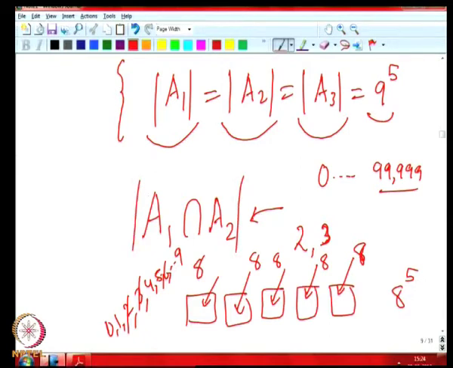And of course, the same is the cardinality of A1 intersection A3, because if you say the digits 2 and 8 are not allowed, that is the same argument: at each digit position two of the digits from 0 to 9 are not allowed. That is all we have to worry about.